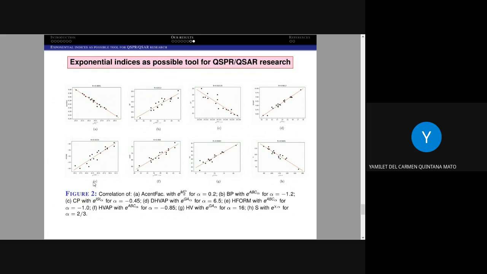This illustrative example shows you the possibility to use exponential indices as a tool for QSPR or QSAR research.